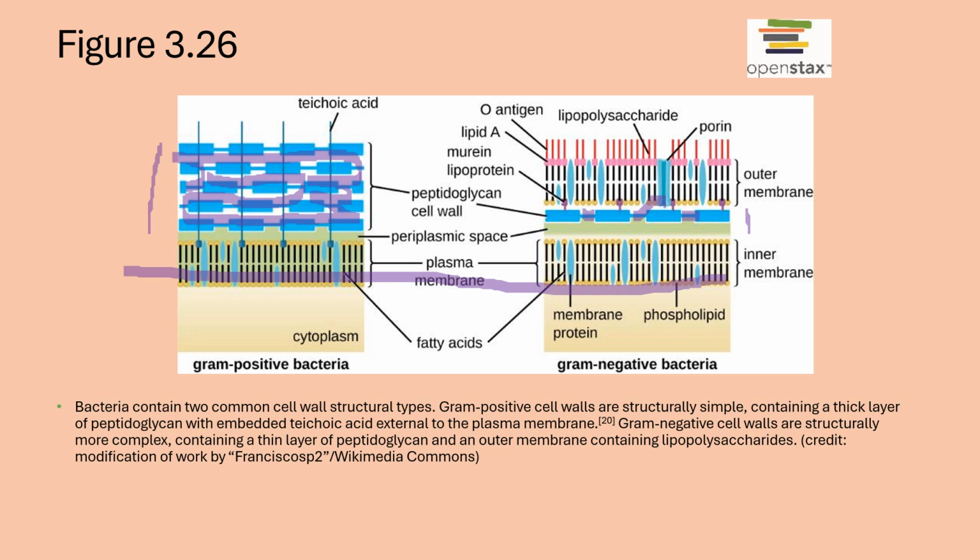But then when you do the step of adding the alcohol, alcohol will destroy lipids. This is a lipopolysaccharide outer membrane. All of this gets ripped off, which means you destroyed the lattice work, and there goes the purple dye.